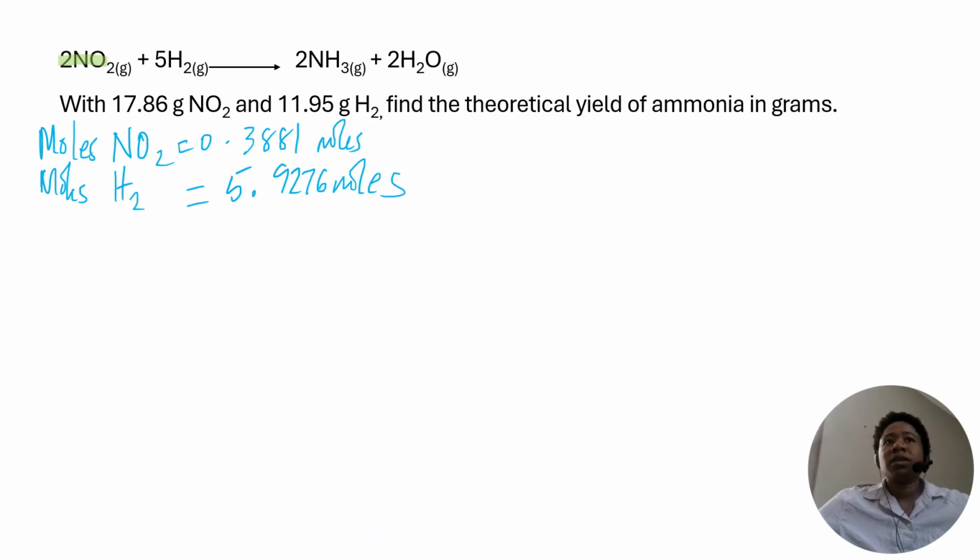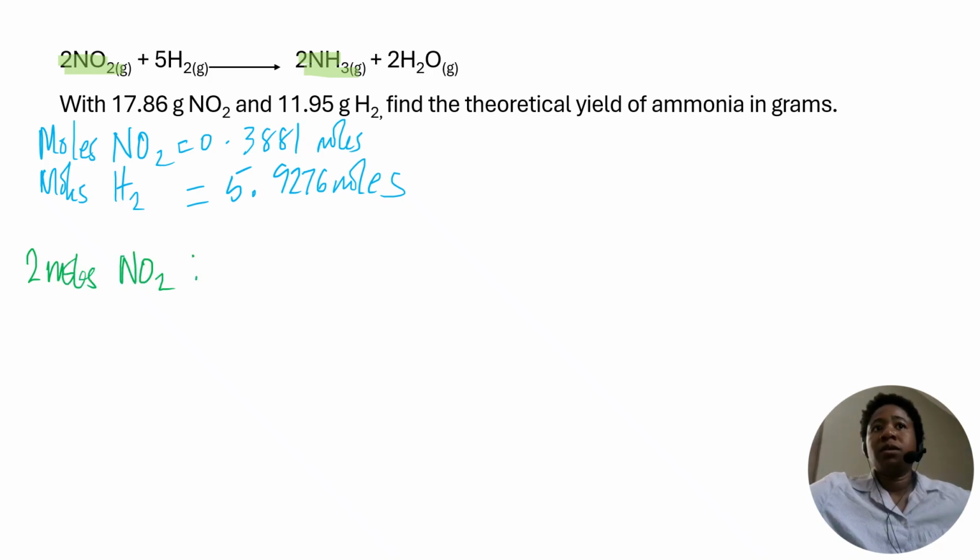So let's look at the nitrogen dioxide first. And we see that for every 2 moles of nitrogen dioxide, we produce 2 moles of ammonia. So essentially a 1-to-1 mole ratio. All right, so if 2 moles of nitrogen dioxide produces 2 moles of ammonia, how many moles of ammonia do you think will be produced from 0.3881 moles of nitrogen dioxide?